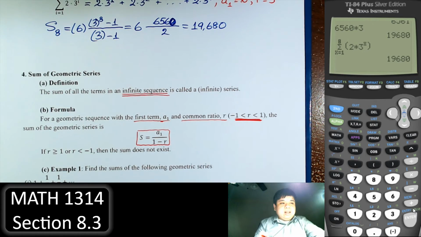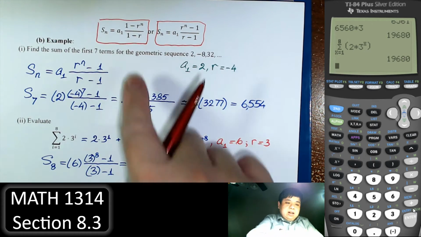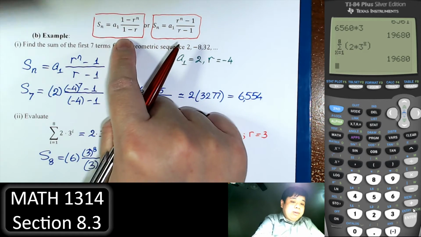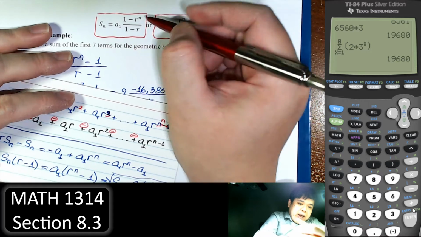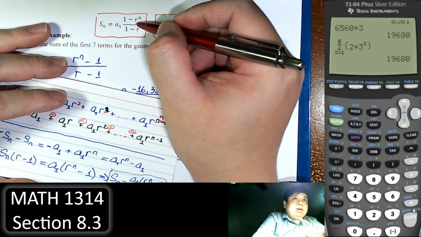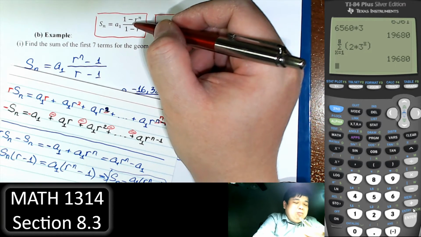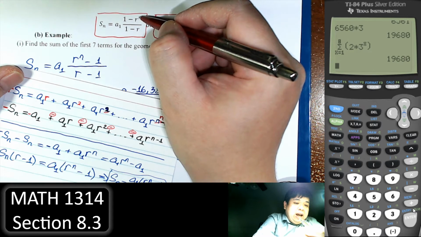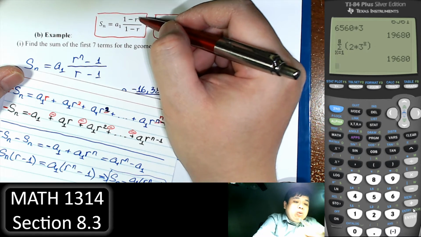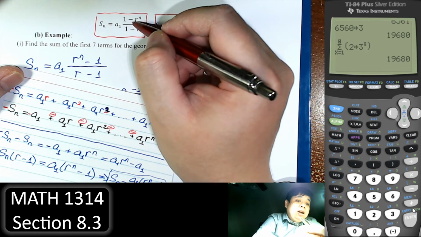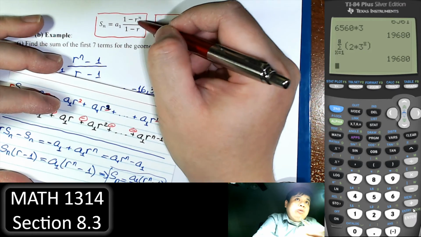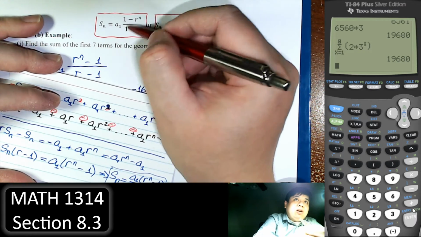Alright, why is that? Now let's look at either one of these formulas. Look at the first one here. If r is bigger than 1, like 2 to the n power, the bigger the n, this one will go to infinity. If r is bigger than 1 or less than -1, this will go to infinity. So the sum does not exist.